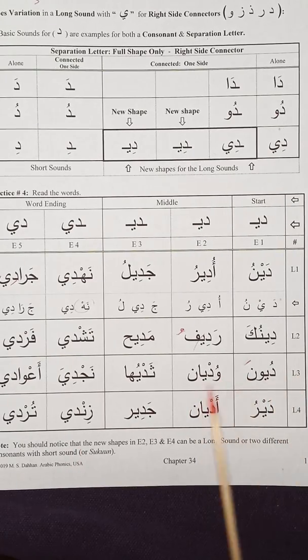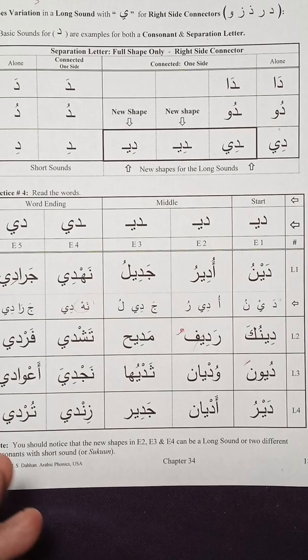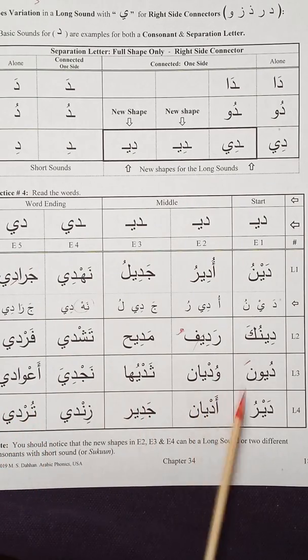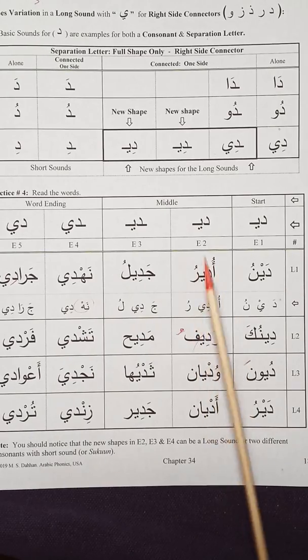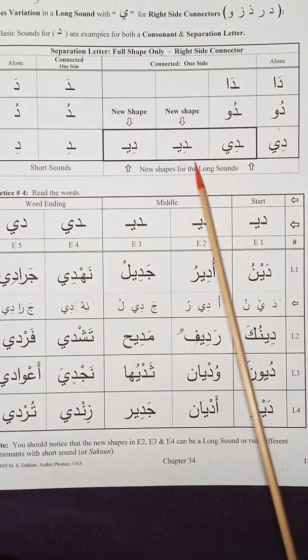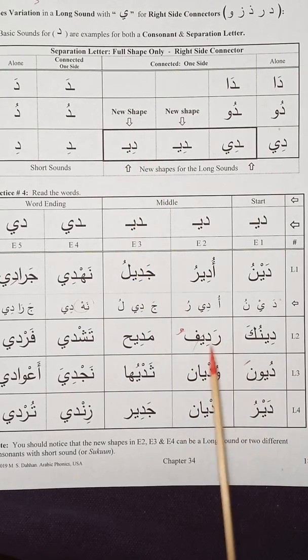Here next, line 3. Would. That's would. Then yan, two syllables, and here the ya is a long sound. It's not this actually. It's not a long sound because of the voweling.